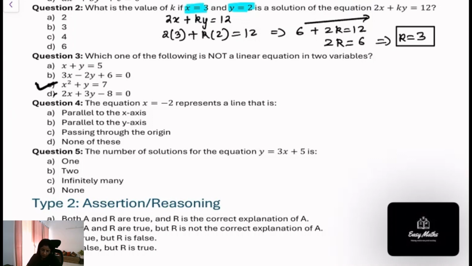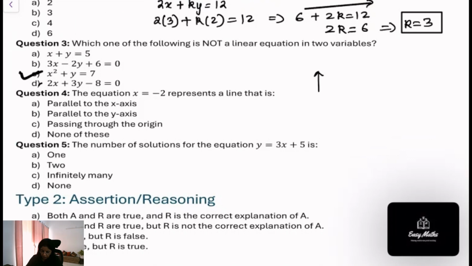The equation x is equal to minus 2 represents a line, that is okay. Now, in the Cartesian plane, we know this is the x axis and this is the y axis. On the y axis, the value of x, see, this is like a number line.